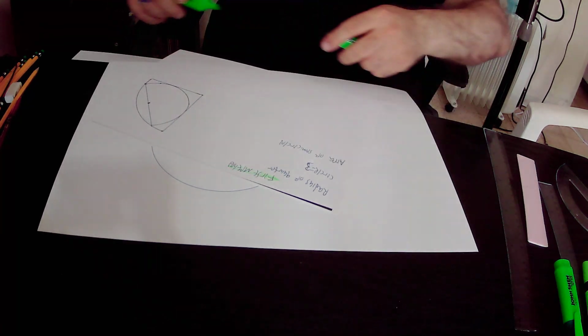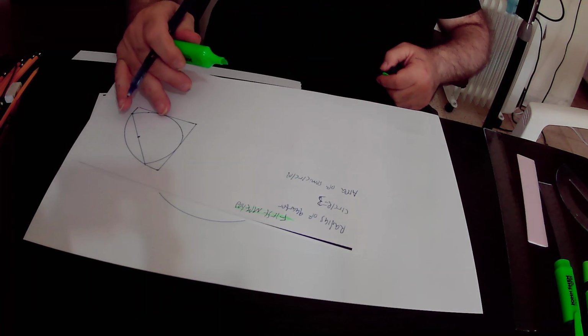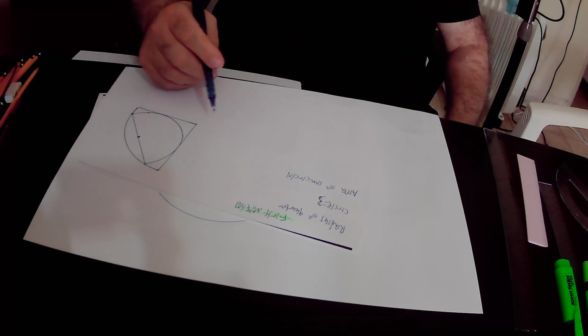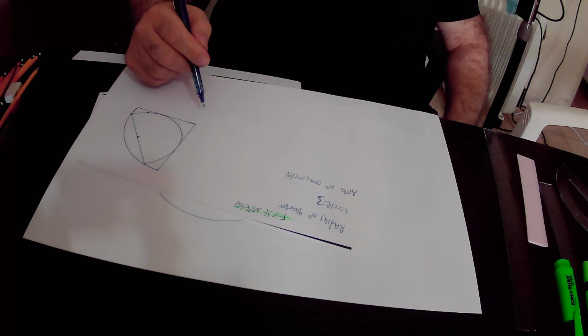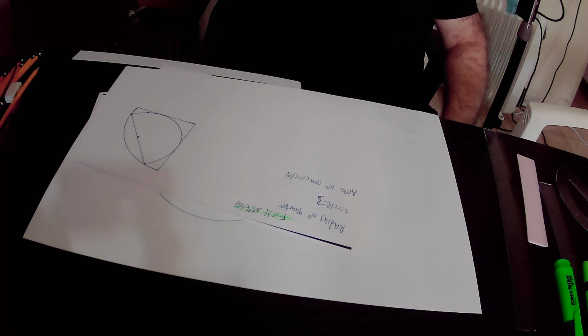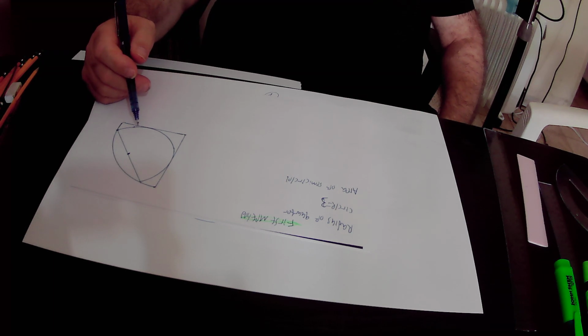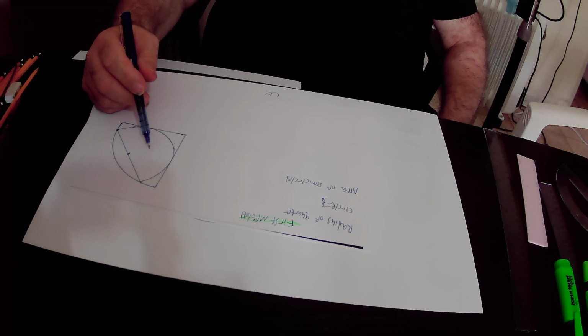In this drawing we have this quarter circle. The radius of the quarter circle is equal to 3 units, and we want to find the area of the semicircle that is inscribed in the quarter circle.